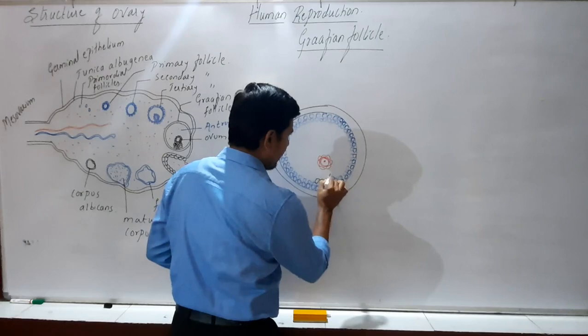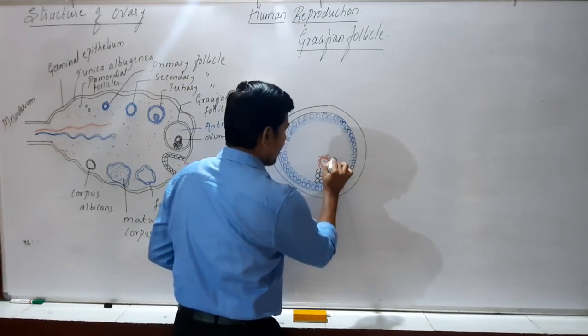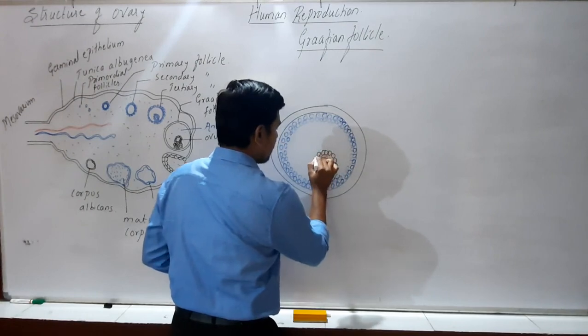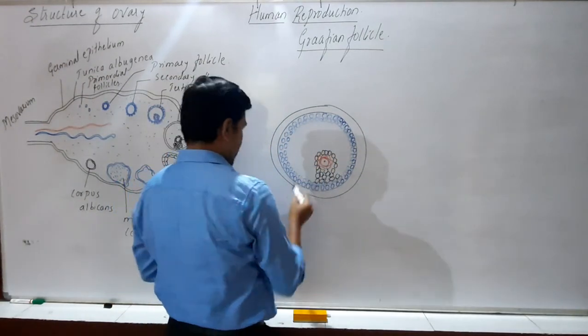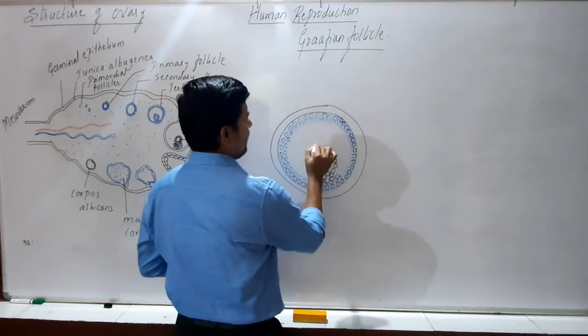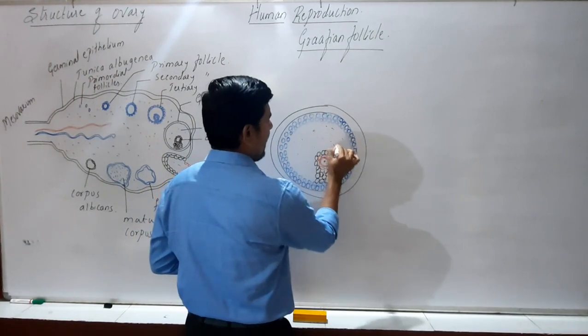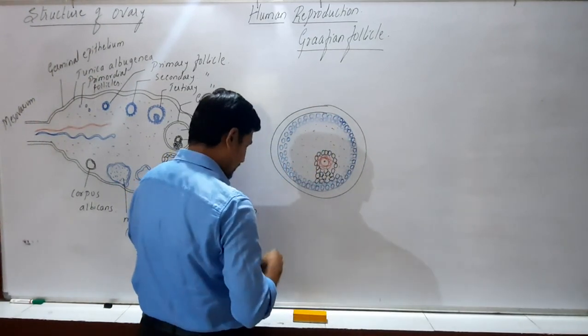Now here we find a group of cells. We call this structure a hillock also. Okay. Now here at the center, this is a cavity called the antrum, consisting of liquor folliculi cells.